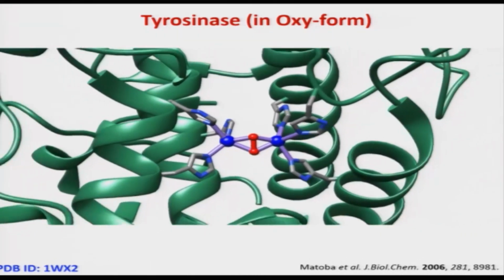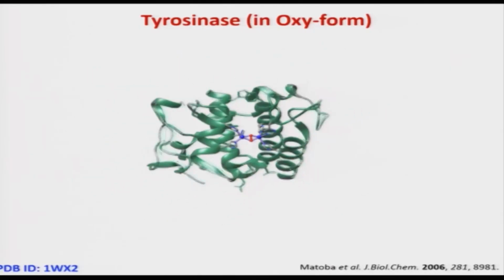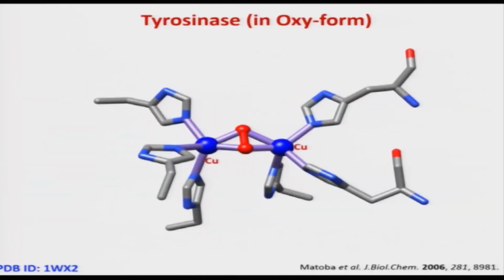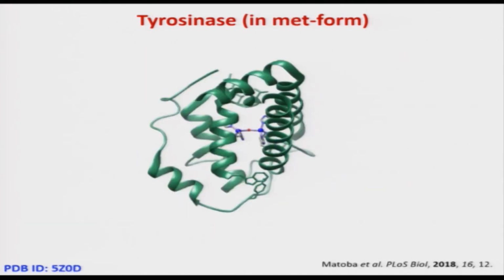Once you remove this protein, you will see this dicopper unit shown over here, where all these activities are happening. I will show you soon the mechanism of how tyrosinase works. This dicopper unit is bridged with the peroxide, as I have shown in my previous slide.